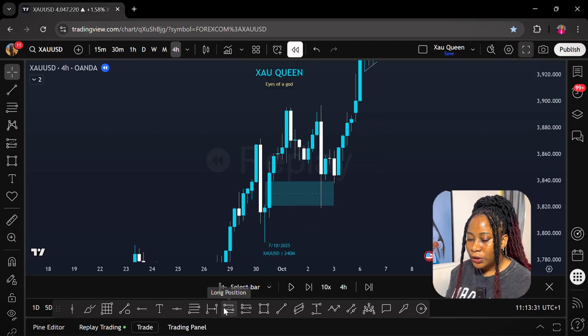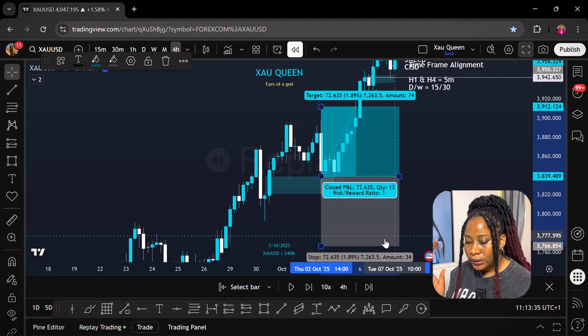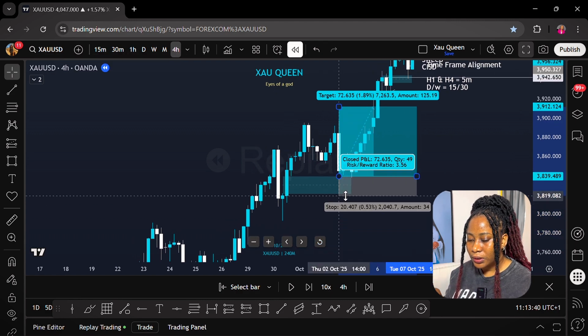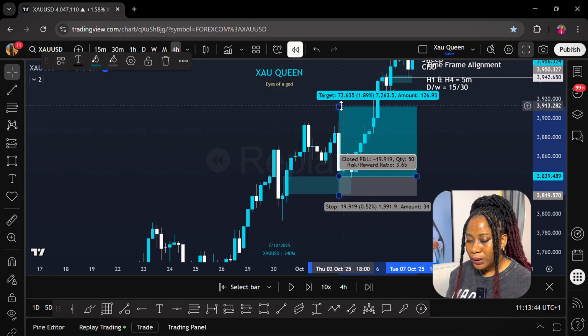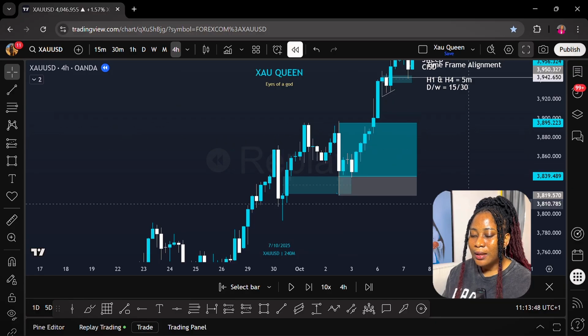If I were to take this trade directly, this is what I would have done. I would have probably put my SL just slightly below and then targeted this high. You see, my stop loss was practically kissed. And that's how I would have lost money on this trade.